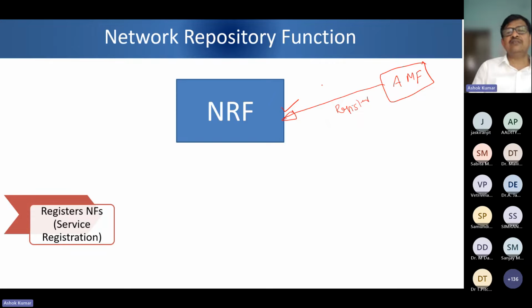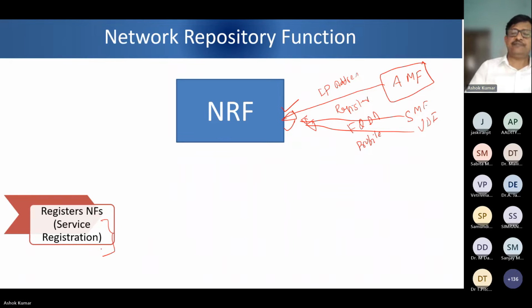Register means the IP address of this AMF or its URL, which we call FQDN, fully qualified domain name, will be registered into NRF. And it will also have the profile of this AMF. All network functions, be it AMF, SMF, UDM, are supposed to register when they are created. That is called service registration.